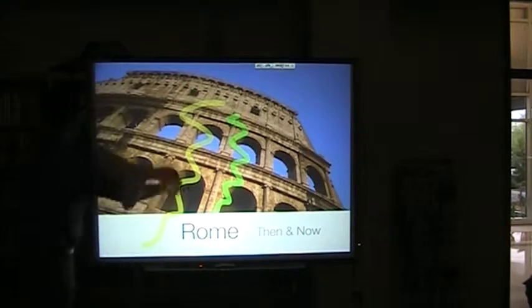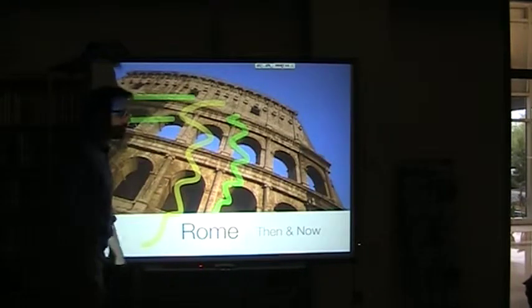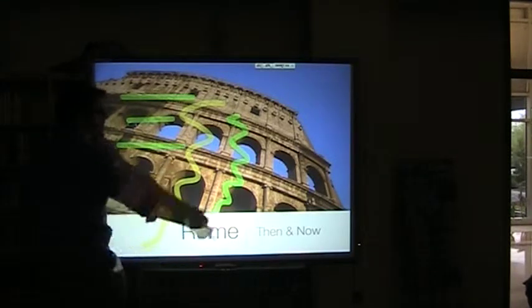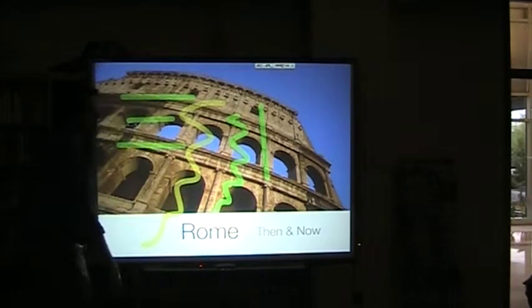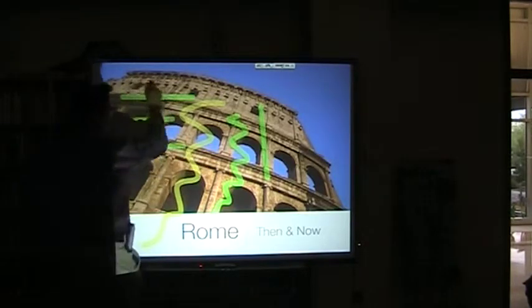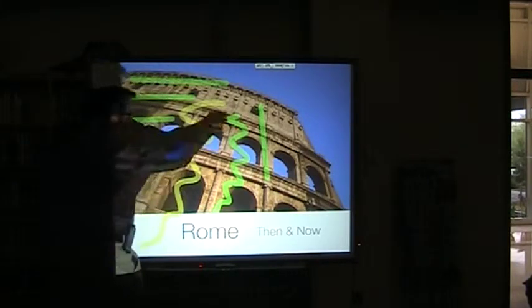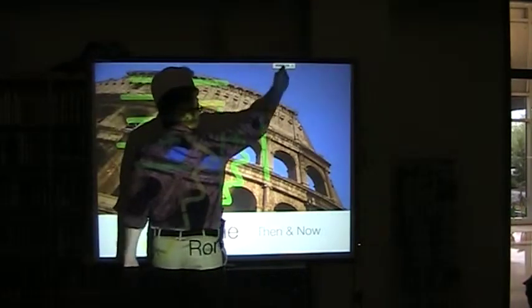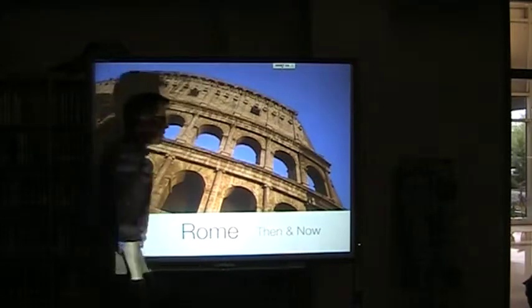You can highlight different parts of the text if you have text on your board, and if you draw horizontally or vertically, the smartboard automatically will notice that and straighten your line for you. If I do that, you can see how it goes automatically straight. And again, I'm going to say Clear Ink, and I'm back to square one.